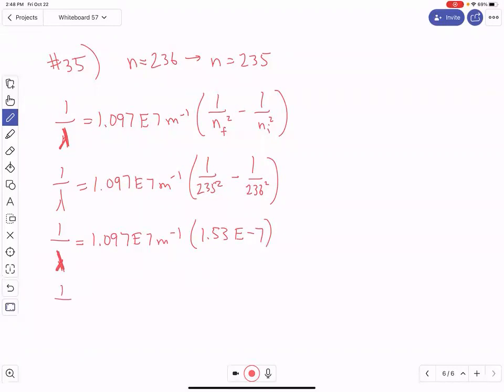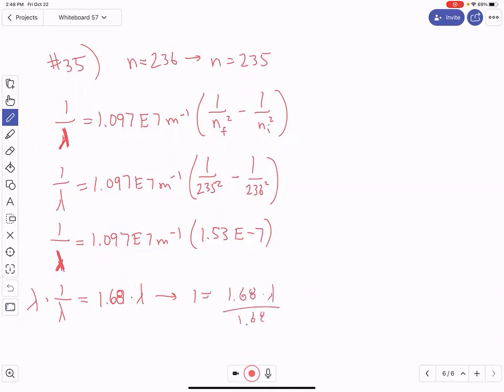I get 1 over wavelength equals 1.68. So multiply both sides by my wavelength, and I get 1 equals 1.68 times wavelength.